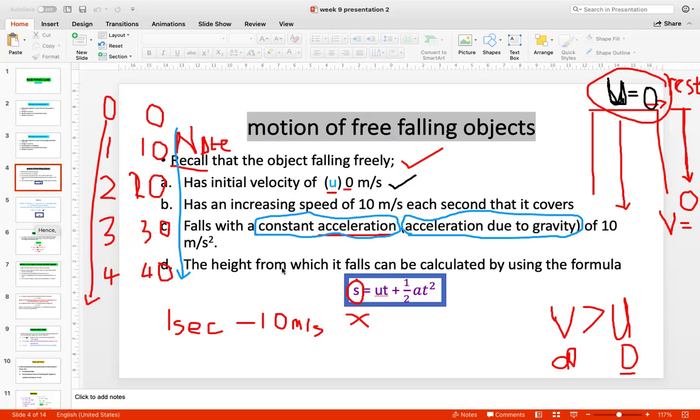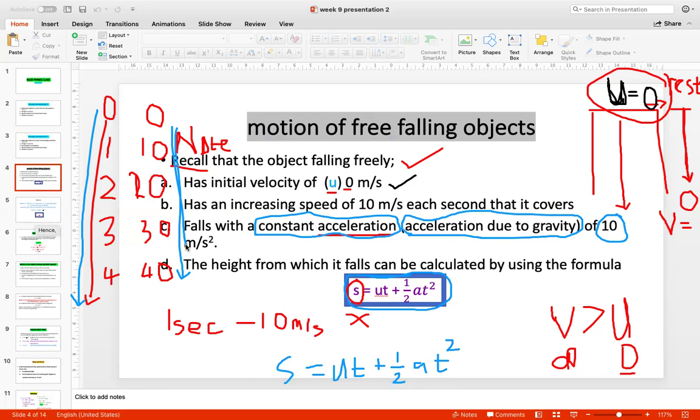To find the height that the object covers as it falls, having known the amount of time taken, this is the formula that we use: S is equal to ut, initial velocity multiplied by time, plus half of the acceleration due to gravity multiplied by time squared. The acceleration due to gravity is 10, this very change that we witnessed over here.